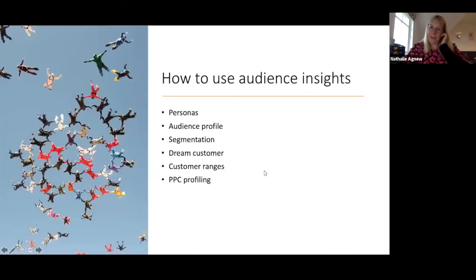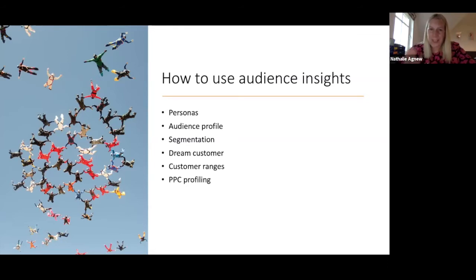So thinking about how to use your audience insights, lots of different things that you could be doing there. Personas, I think, are coming back. It feels like personas were a really big thing a few years ago. And I think now people are really understanding the way that digital in particular means personas do work. So a persona could be creating an actual person.